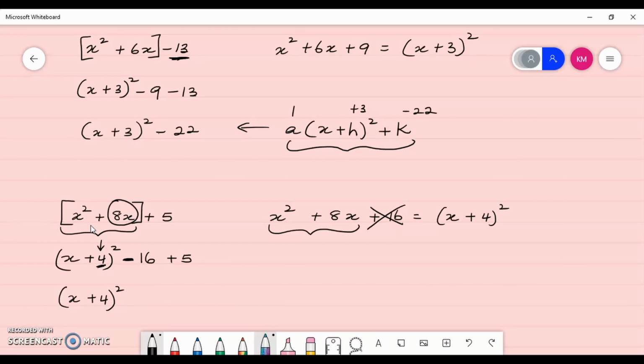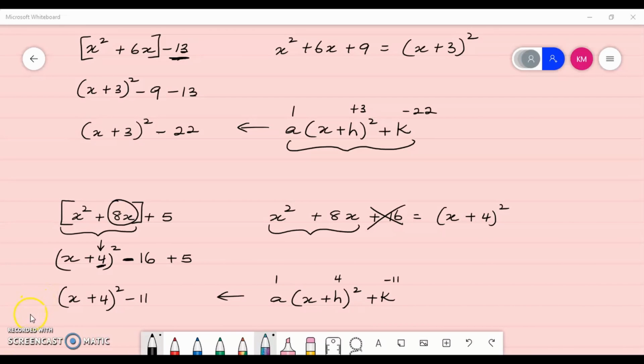Negative 16 plus 5 is going to give us negative 11. This is written in the form a multiplied by x plus h squared plus k. Anytime we complete the square, it is always written in this form, where a in this case is 1, h is 4, and k is negative 11.